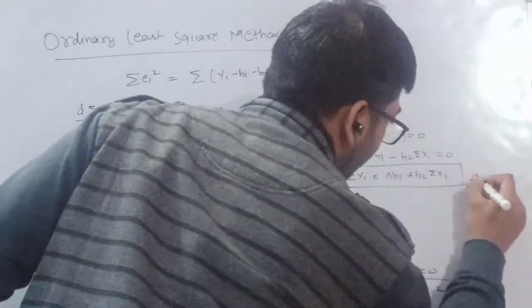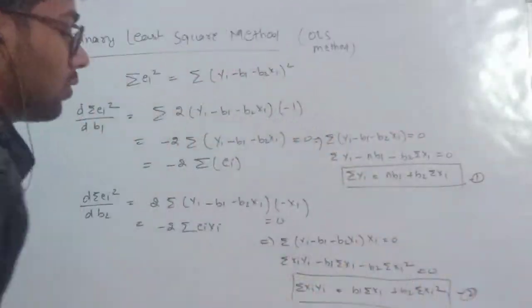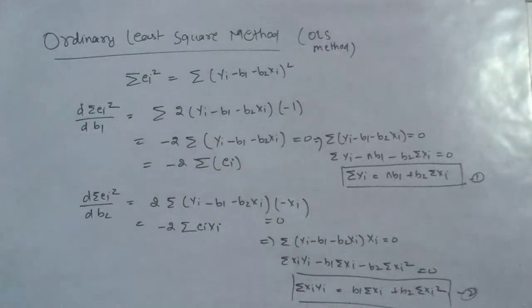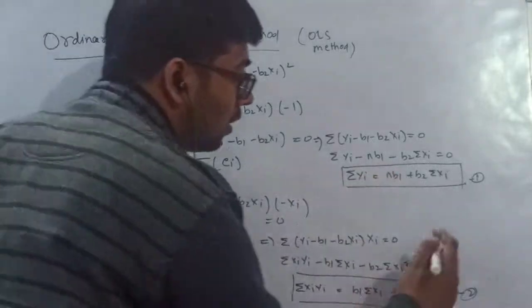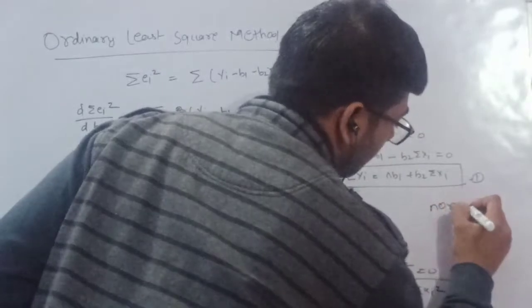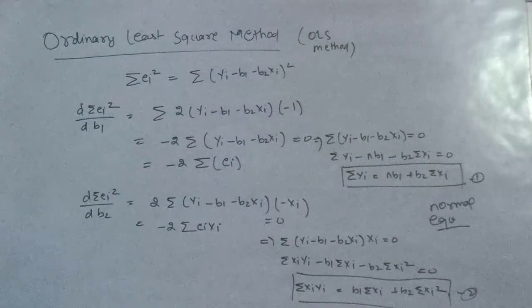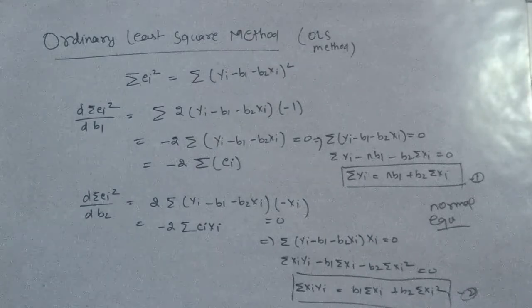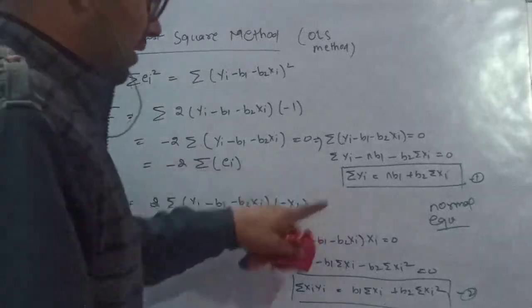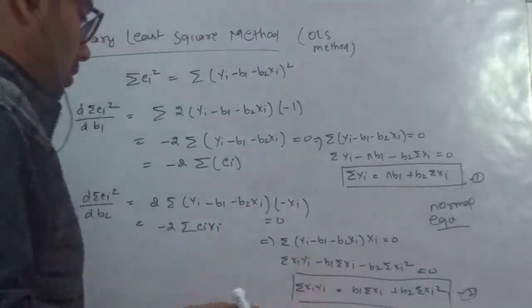Now these two equations, 1 and 2, are called normal equations. We have to remember this: we have to calculate b1 and b2, but these derivations are useful later on.